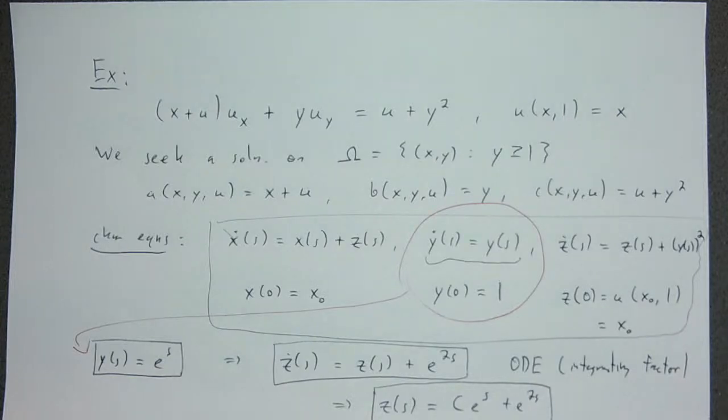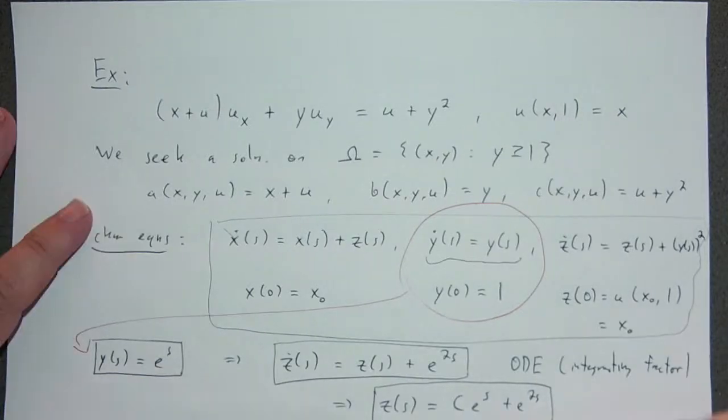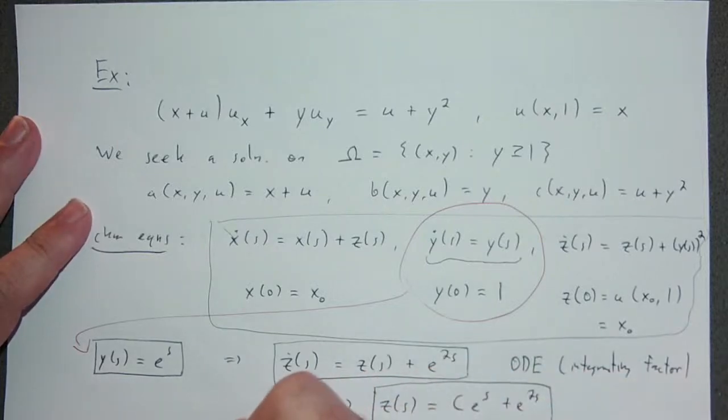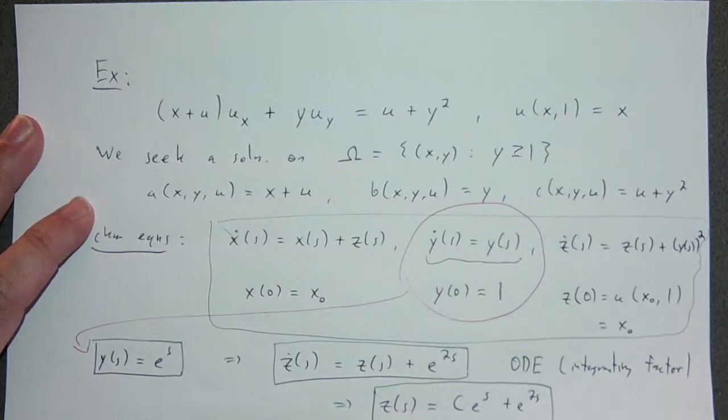Okay. Now, of course, imposing initial condition. So imposing, I see z naught, or z of 0 is equal to x naught. This means that actually I can determine this big C to be x naught minus 1 is what I get.